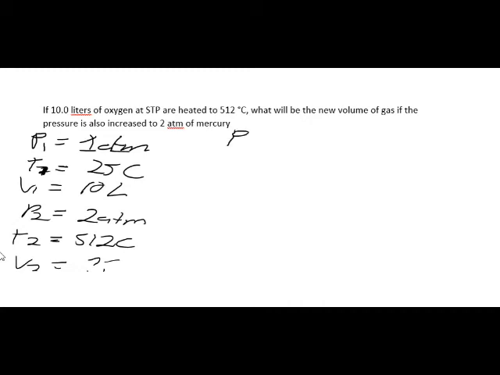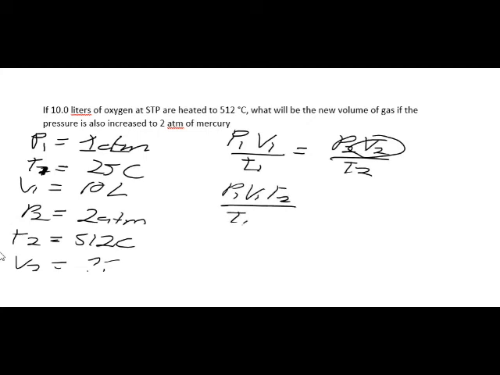So what would be our formula? Remember, we're going to use the combined gas law. P1 V1 over T1 equals P2 V2 over T2. We're missing V2, so it would be V2 equals P1 V1 T2 over T1 P2.